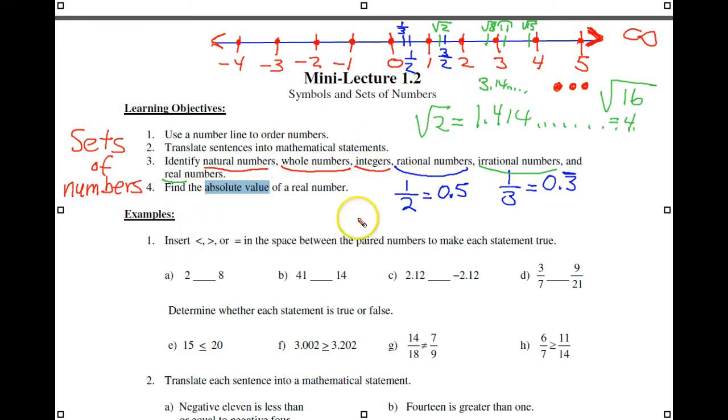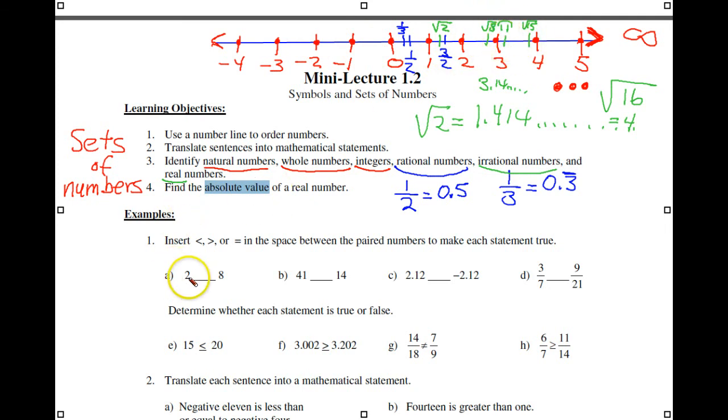Now, another thing we're asked to do here is to compare numbers as they appear on the number line. Well, let me say, while this is still here, any number to the left of something is going to be less than something to its right.